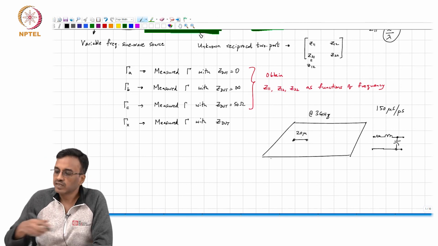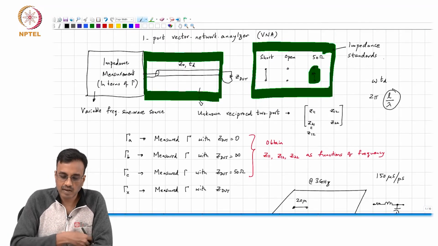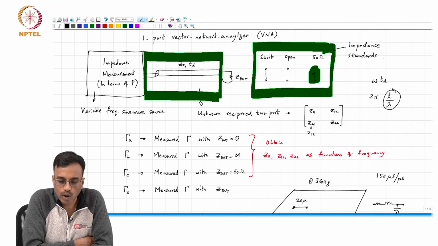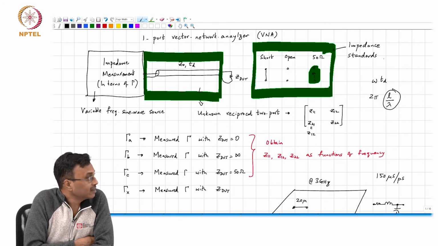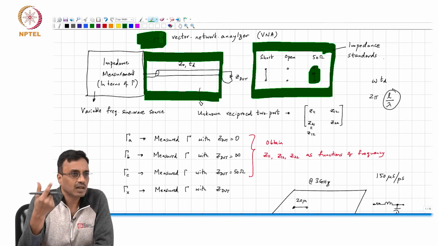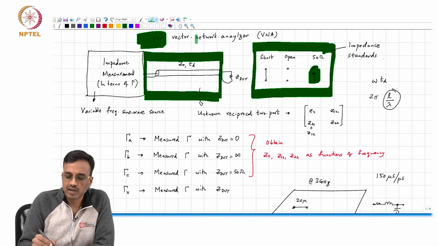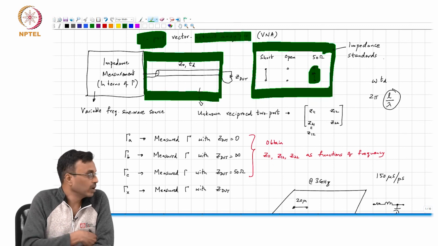So this is an example, as I was mentioning, of what is called a one-port vector network analyzer. It's one port simply because you're only measuring the impedance of a one-port network, and of course it analyzes a network, so it's a network analyzer.